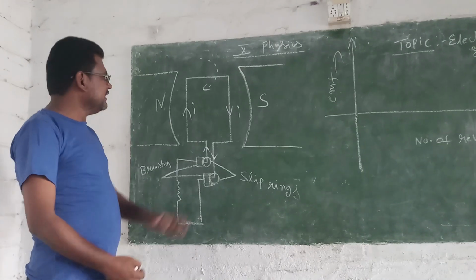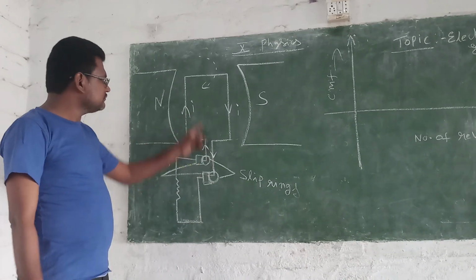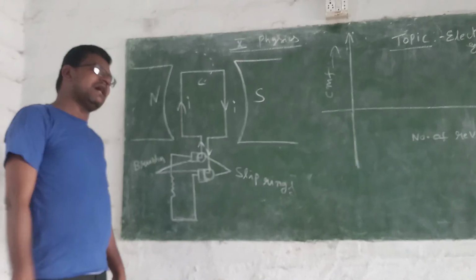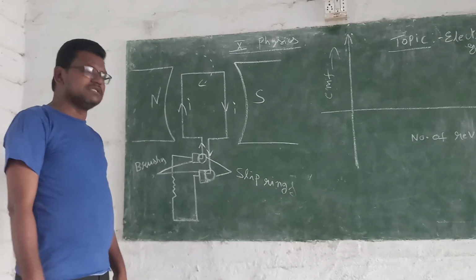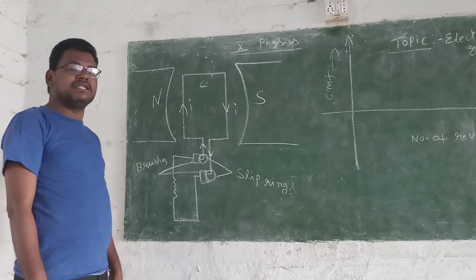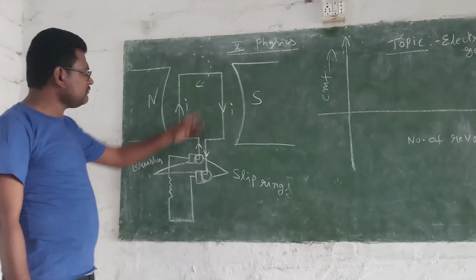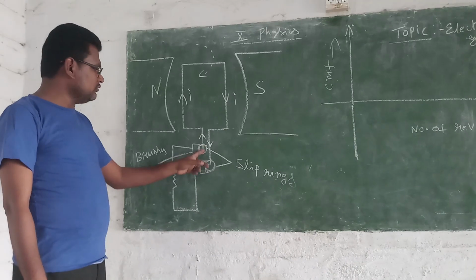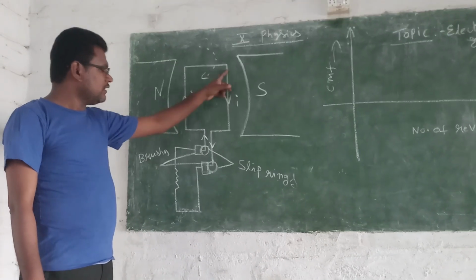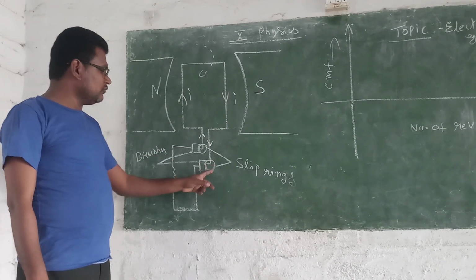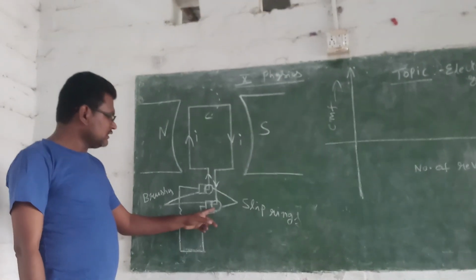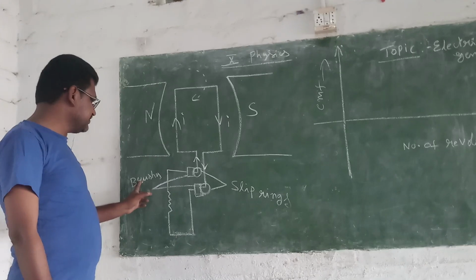The electric generator consists of a rectangular coil having n number of turns. One end of the coil is connected to one slip ring, the other end is connected to another slip ring, and these touch the two brushes.